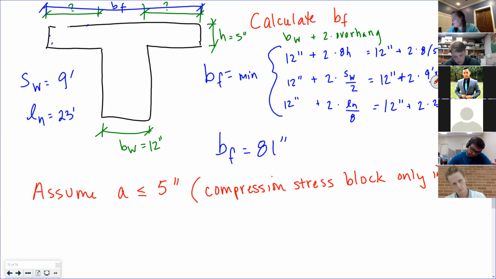Because if it's greater than 5 inches, we have to calculate compression in the flanges in 2 different widths, right? The whole flange and then the beam width itself.